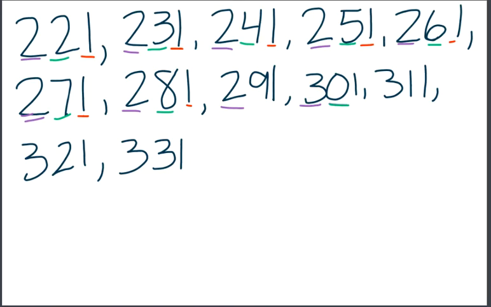So, the hundreds digit stays the same until the tens digit is 9. When you count up by one more 10, the tens digit goes to 0, and the hundreds digit goes up by 1.